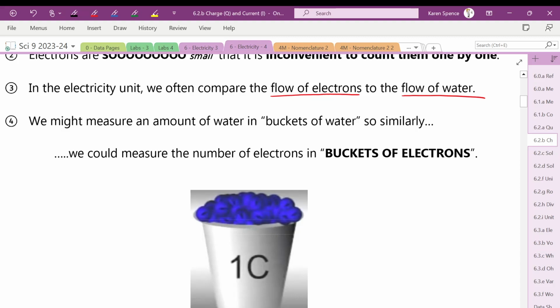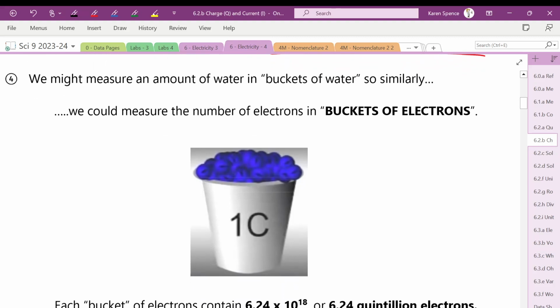So basically what we've got is a container full of electrons, and each bucket of electrons contains 6.24 times 10 to the 18. That is 6.24 quintillion electrons.